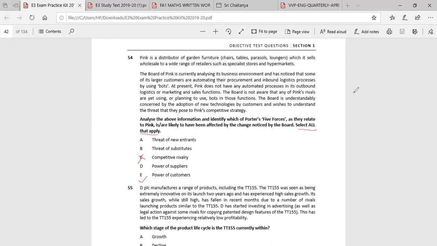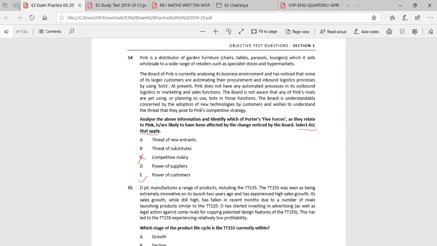The last line says, the board is understandably concerned about the adoption of new technology by customers and wishes to understand the threat that they pose to Pink's competitive strategy. Is that the line? The entire model is about competitive strategy.